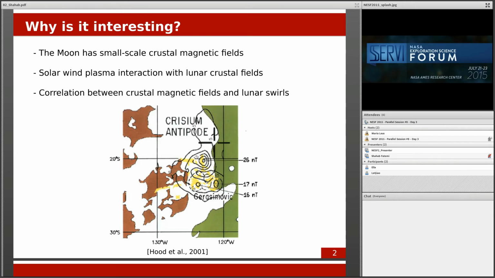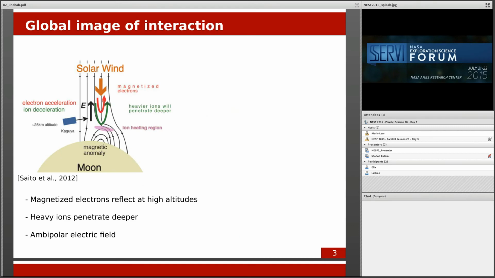The locations of swirls, like albedo markings, are shown in yellow here, and the contour lines show the magnitude of the magnetic field. This is an example of correlation between swirls and crustal fields. This suggests that the lunar surface is shielded by crustal fields from solar wind plasma bombardment. You heard from Amanda about the correlation between the fields and the swirls, and in the next talk by Andrew Poppy, you will also hear a lot more about the connection between crustal magnetization and swirls.